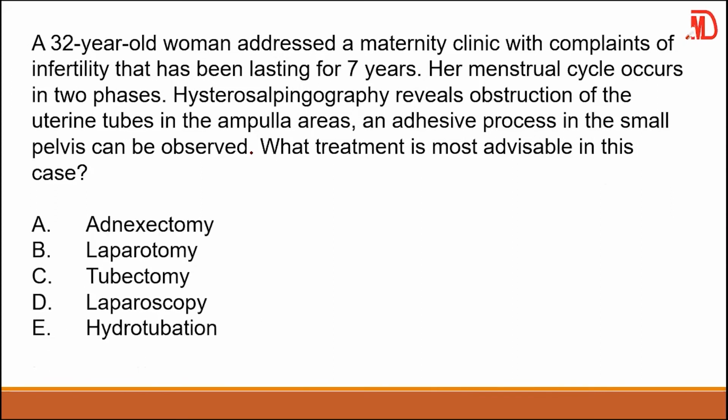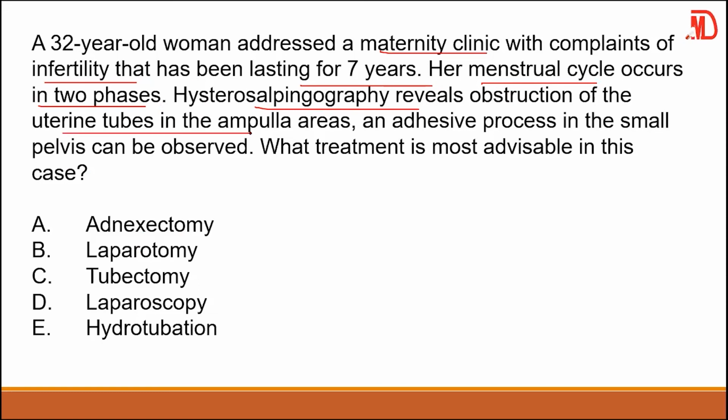A 32-year-old woman addressed a maternity clinic with complaints of infertility that has been lasting for 7 years. Her menstrual cycle occurs in 2 phases. Of course, that means it's normal. This is diphasic, not monophasic. Hysterosalpingography reveals obstruction of the uterine tube.